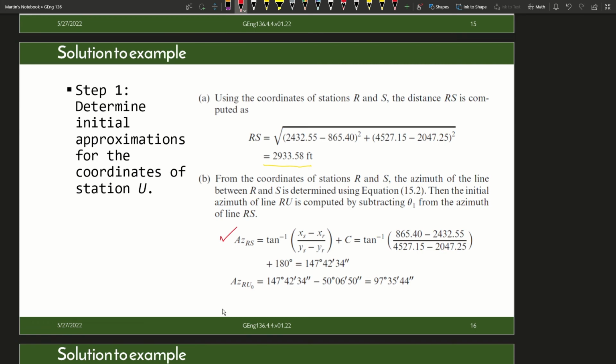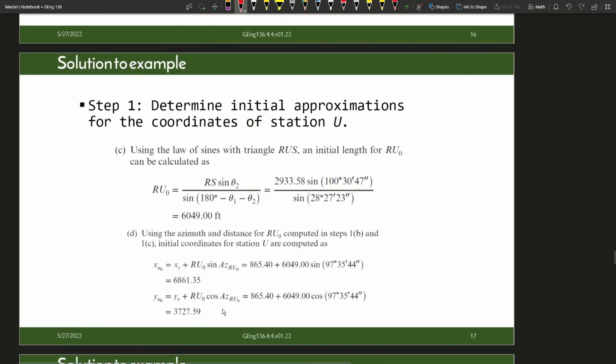Then, using the law of sines on triangle RUS, an initial length RU naught can be calculated using this equation, the sine law.